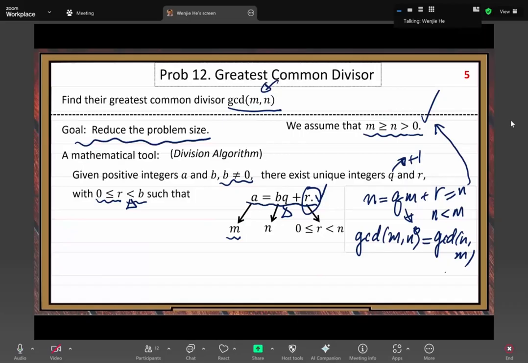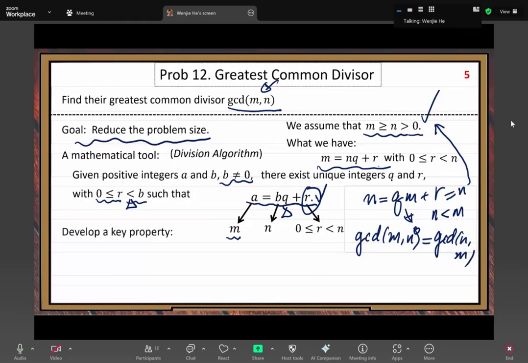After that treatment, now let us look at the size reduction issue here. We apply the division algorithm directly. After that, we want to see how to bring down the problem size. So that's our key question.